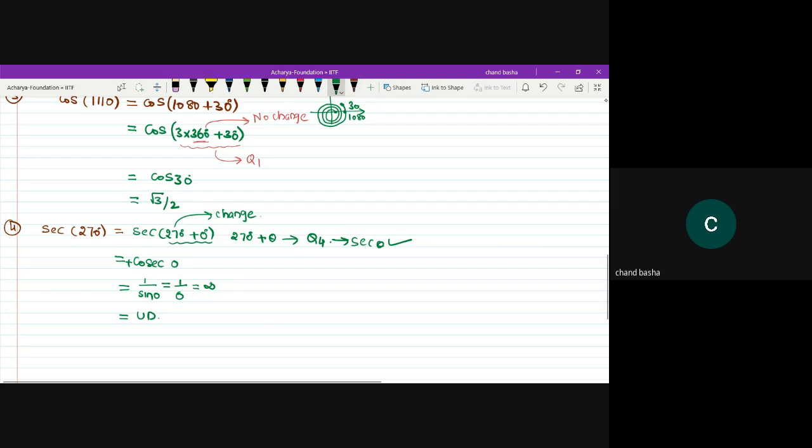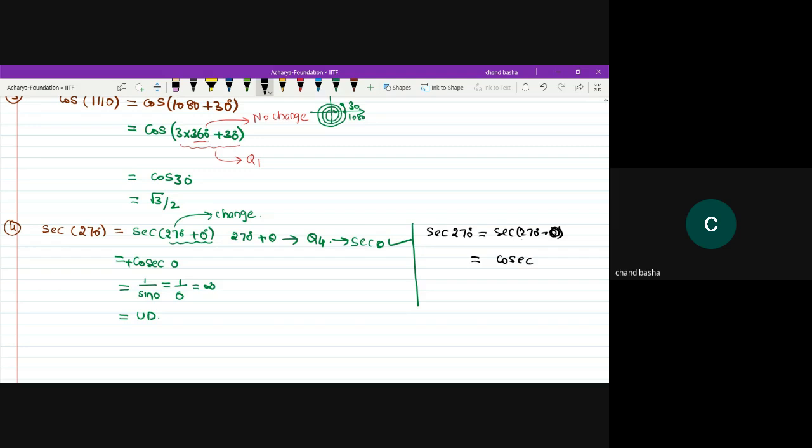Let's see the next way of the same problem. I can make use of 270 minus also. Secant of 270 I can take as secant of 270 minus theta. Clear? 270 means there is a change of trigonometric ratio, that is cosecant.